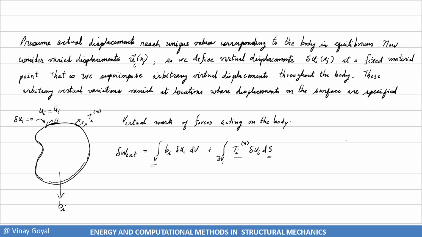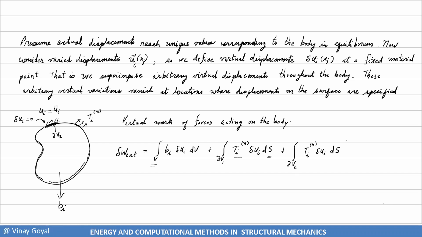And then in addition to that, in reality, I can break up the integral into two pieces, one for partial V1 and one for partial V2. We know that one vanishes because del U_i is zero at that boundary, but I'll write it here so it's clear that I broke up the surface. I want to show you that this third integral here is zero, because on del V2 the displacements have been specified.